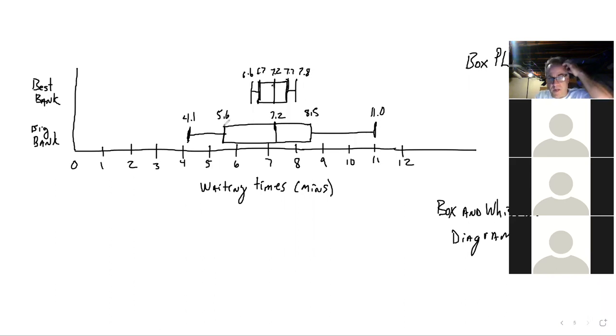The box, and then the whiskers going from the upper quartile to the maximum value, and the lower quartile down to the minimum value. All right. Any questions on this? When your book does it, it'll actually connect right through here. That's optional, because I didn't learn it that way. So, any questions on a box plot, or what I call a box and whisker diagram?